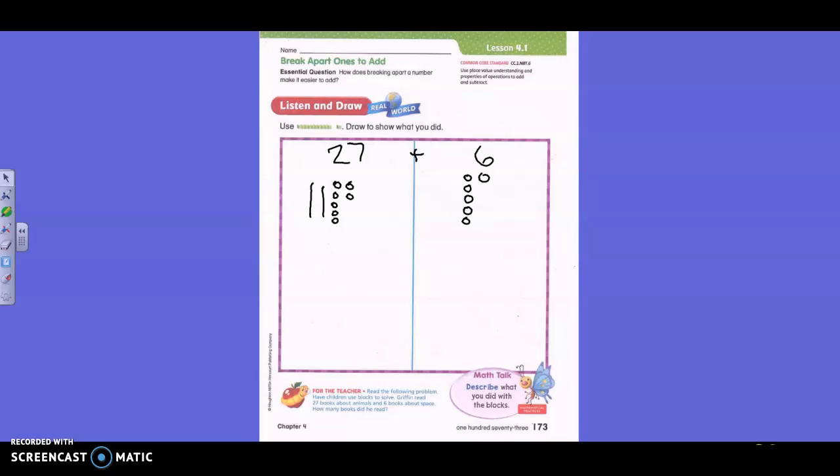The closest tens number to 27 is 30. 30 is a tens number, 3 and a 0. Tens numbers have a 0 at the end, right? So what you do, you're going to take 3 from 6 and move it over here to put the 3 over here. These are now gone.